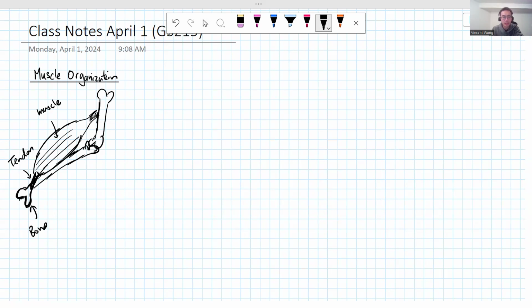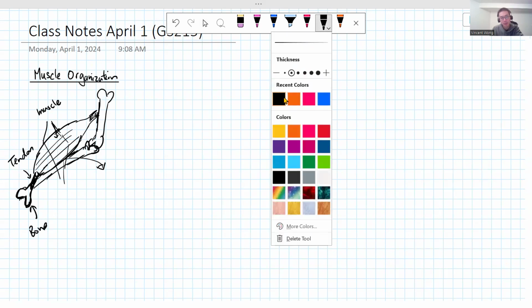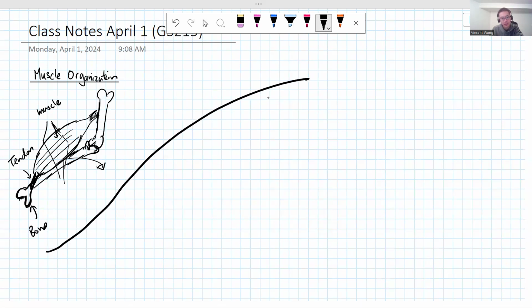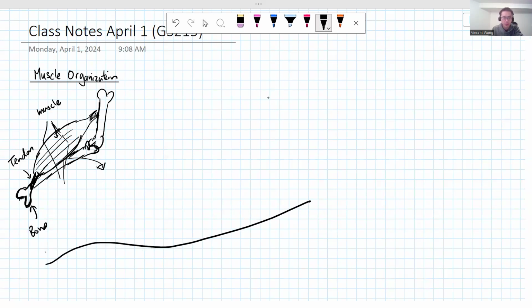So what we're going to do is basically cut the muscle open, and then take a look at it. And this is where it gets a little bit difficult to draw. So here we go. Let me try it one more time.